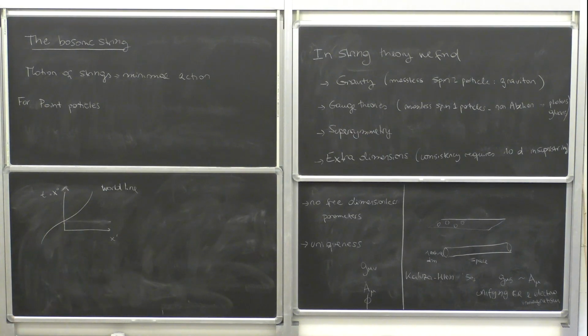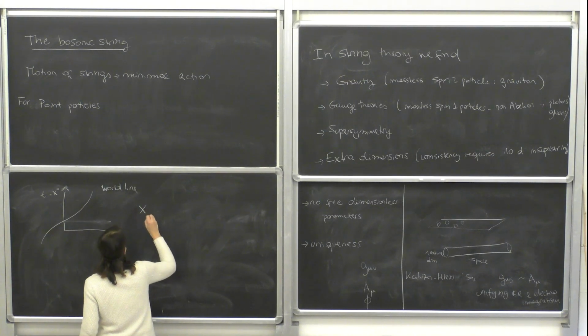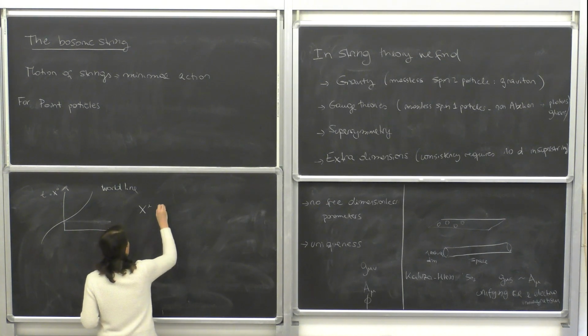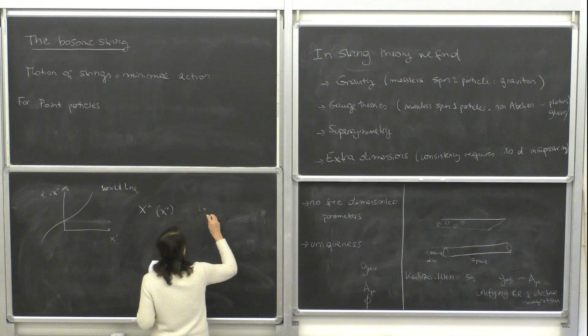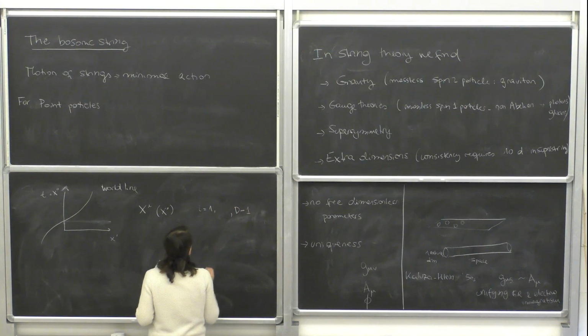This worldline I can express, for example, by giving x^i as a function of x^0, where i goes from 1 to d minus 1.